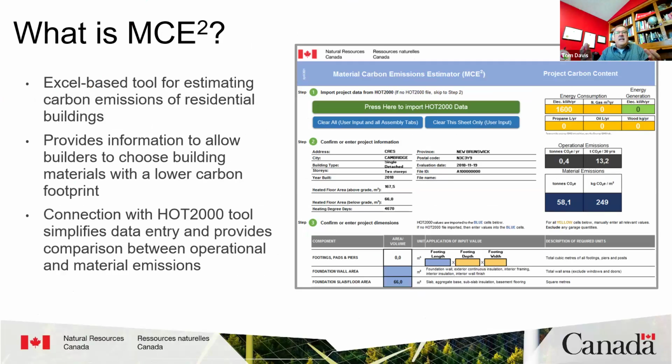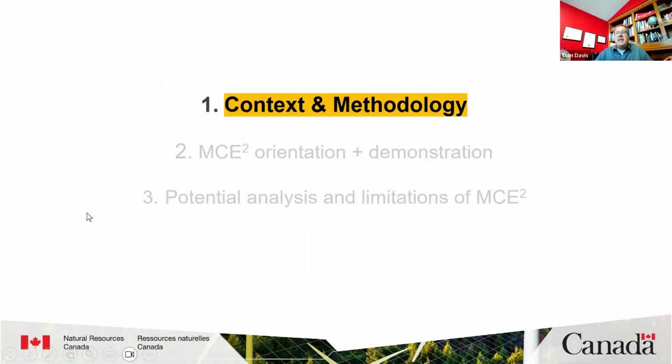As previously indicated, it also works quite well with HOT 2000, which is the energy modeling software also developed by our friends at Natural Resources Canada. Primarily, we're focused again on Part 9 construction, low-rise to multi-unit residential buildings, or MURBs. Again, new construction or retrofit.